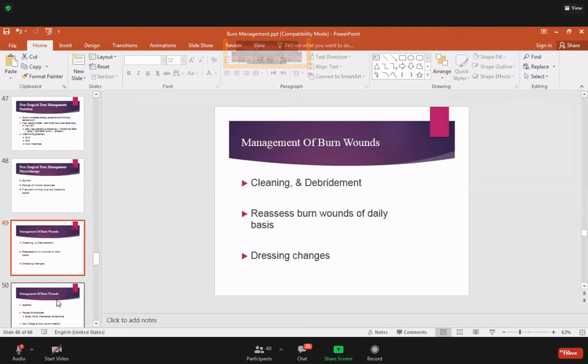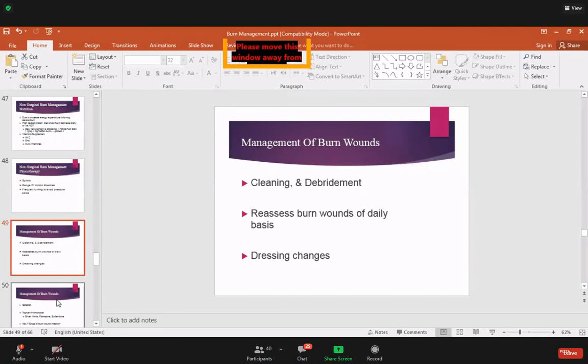Now the burn management itself includes cleaning and debridement of the dead tissue, and on a daily basis we have to reassess the burn. If we are getting hyperemic, healthy growing skin down there, we can plan for grafting earlier.